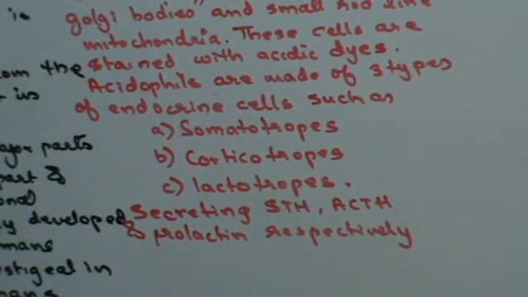So the somatotropes secrete STH, the corticotropes secrete ACTH, and the lactotropes secrete prolactin.